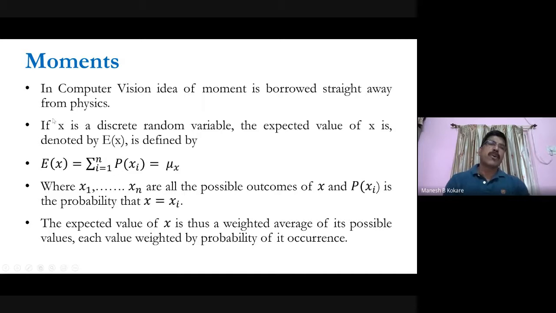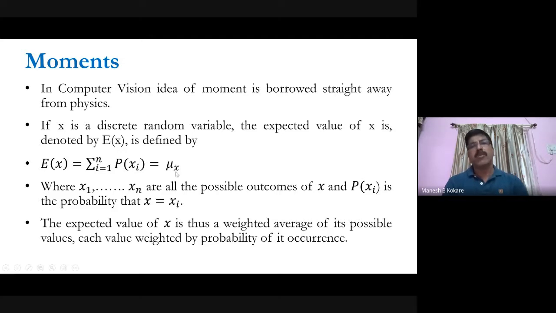For example, if x is a discrete random variable, the expected value of x, which is nothing but the mean value, is defined as E of x equal to the summation, with i ranging from 1 to n, of x_i times probability of x_i.